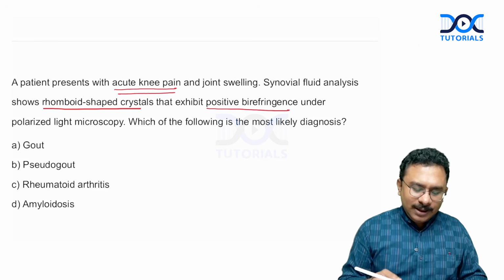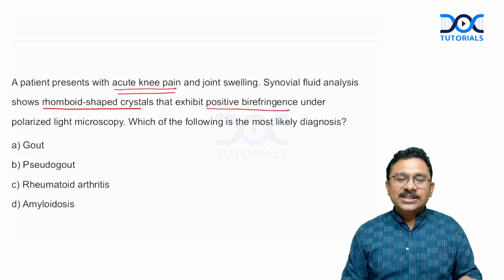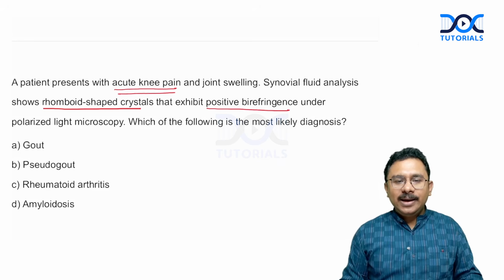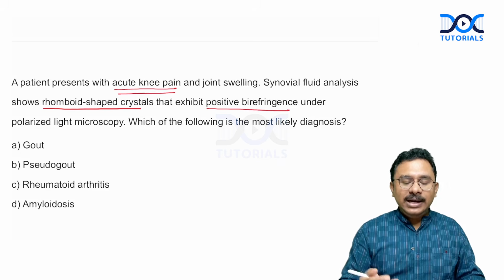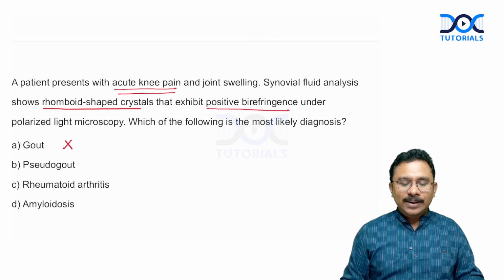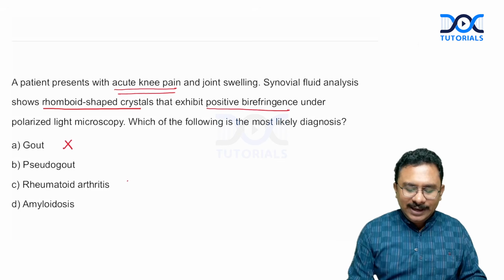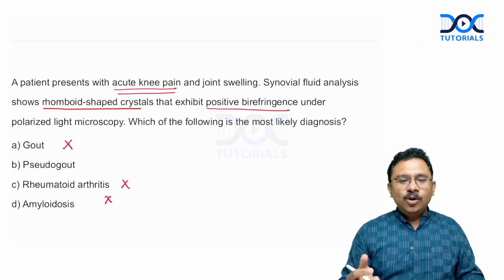Pseudo gout. Gout can involve the knee joint, but more commonly, the first joint involved is the first metatarsophalangeal. But over and above that, gout has negatively birefringent needle-shaped crystals. That is not what I am thinking about. And rheumatoid arthritis and amyloidosis again are not going to present with the following synovial fluid analysis.